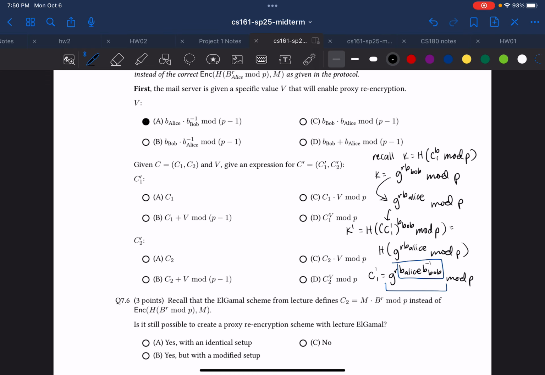Our augmented ciphertext, or at least the first block, will be C1 to the V, right?